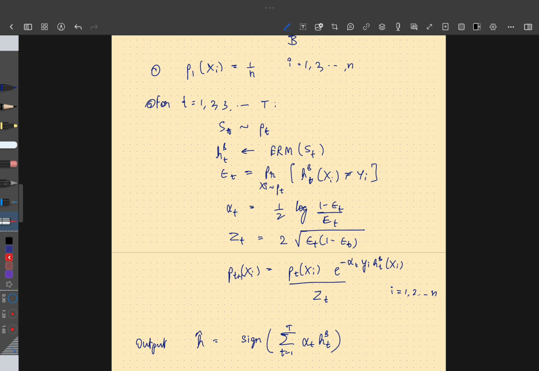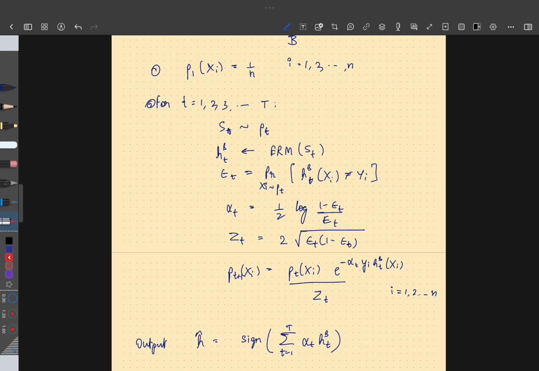Since we're assuming that we have a weak learner, epsilon t is guaranteed to be strictly less than half, and consequently (1 minus epsilon t) by epsilon t is guaranteed to be strictly greater than 1. So alpha t is strictly positive.